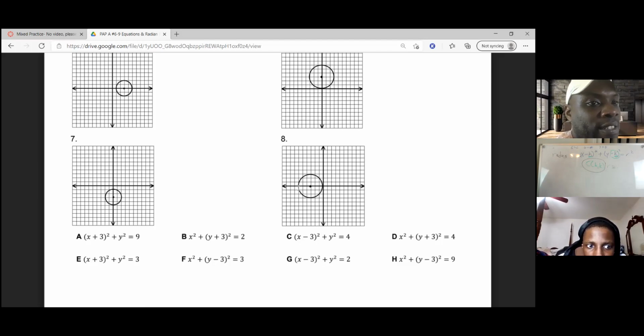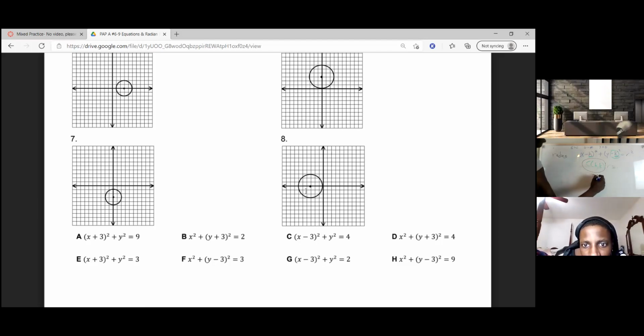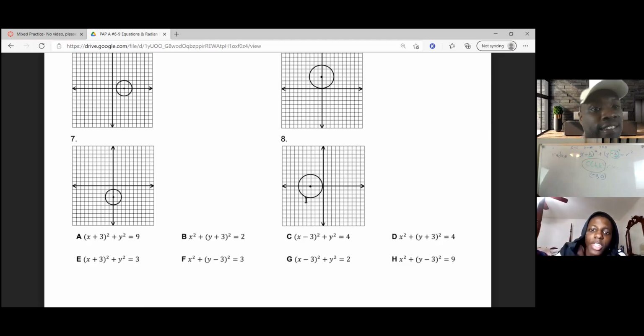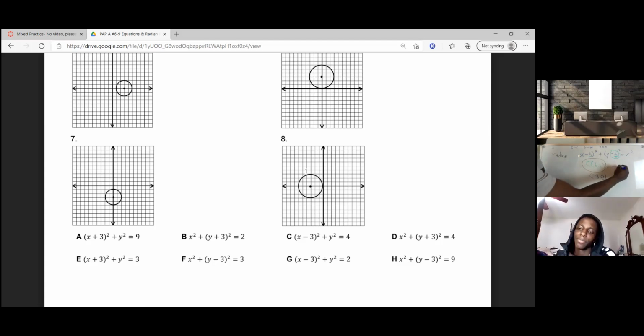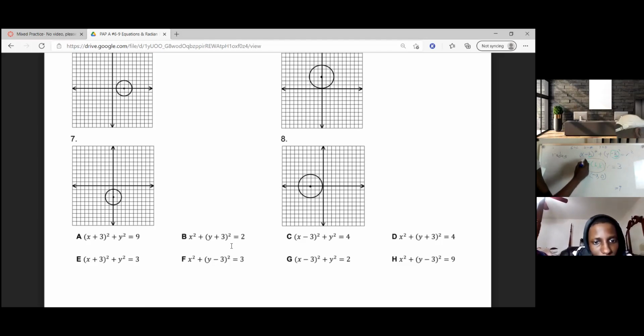All right. So where's the center? -3 and 0. And then the radius is 3 squared, which is 9. So we know we got 9. We're gonna have a minus sign, so this is gonna be a plus sign.